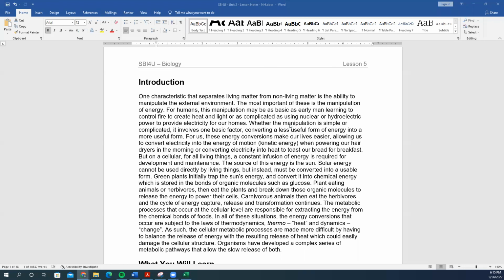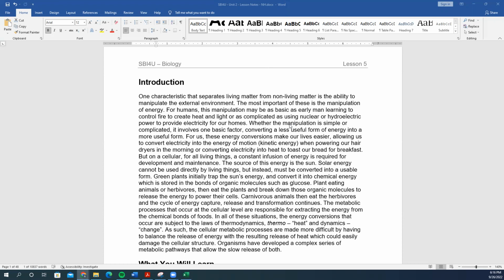But whether this is a very simple manipulation or a very complicated one, it basically has one factor, and that is converting a less useful form of energy to something that is more usable for us. Now, these energy conversions typically make our lives easier.